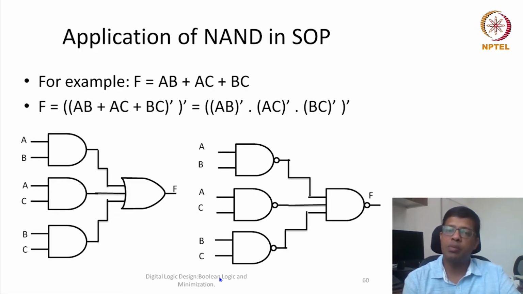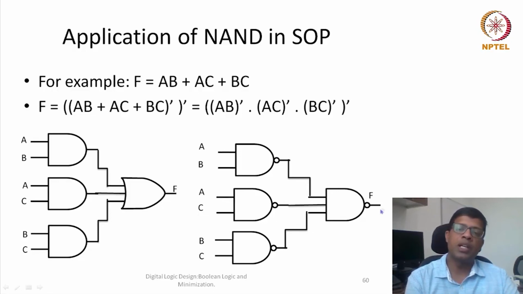Given this simplification, we will always assume that A dash and B dash are also available, so they can all be connected to our NAND gates, and the output we can see as F.